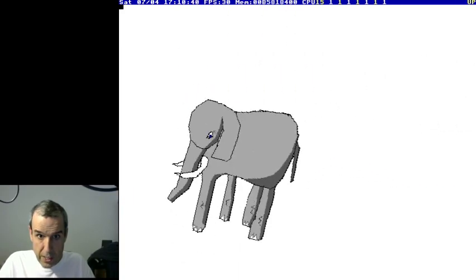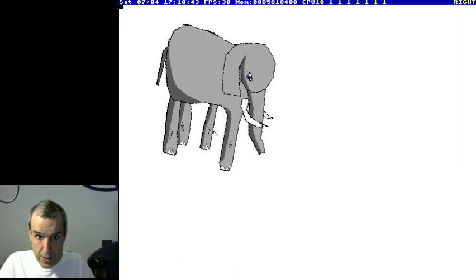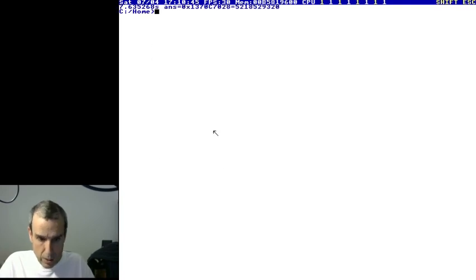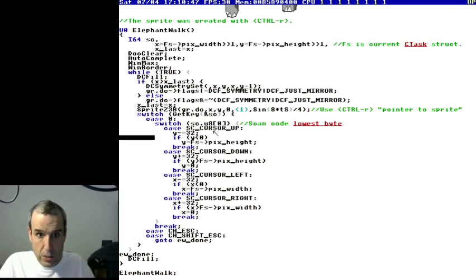I'm using the cursor keys to go left, right, up, and down. Get key, scan code, cursor up, down, left, right. Normal scan codes have an extra bit for an E0 prefix.